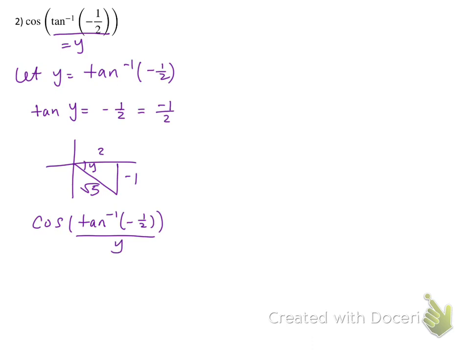Again, this is y, so it is the cosine of y. You have placed y in its standard position, and you have all three sides, x, y, and r. So cosine is adjacent over hypotenuse, or x over r. I don't really ask you to rationalize it. You can leave it as 2 over radical 5. Or if you want to, you can rationalize it, but you don't have to.